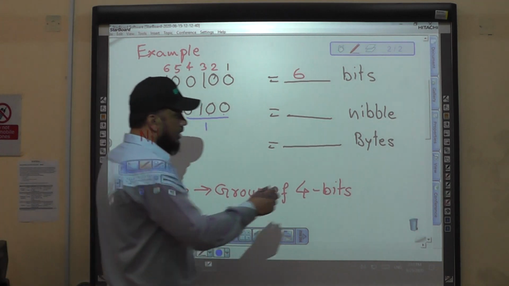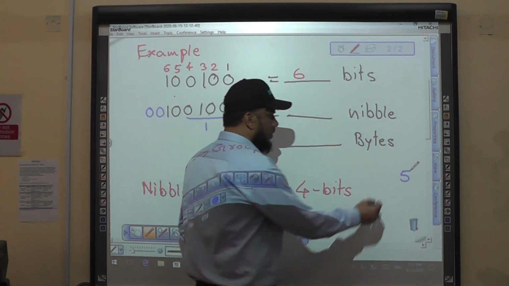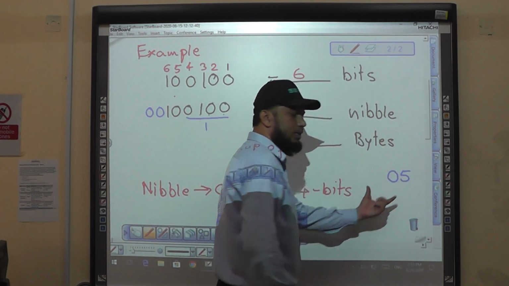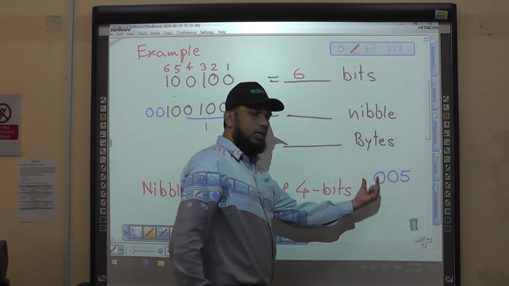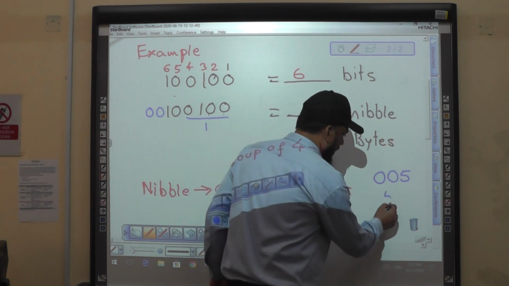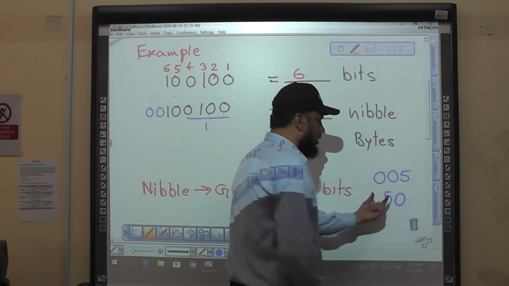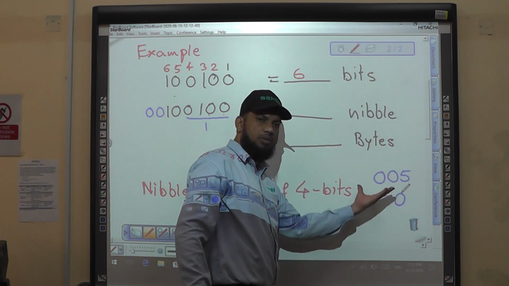For example, this is the number 5. If you write a 0 before it, it is still 5. Again we put a 0, still it is 5. But if you write the 0 at the right side, it becomes 50, so the value of the number changes.